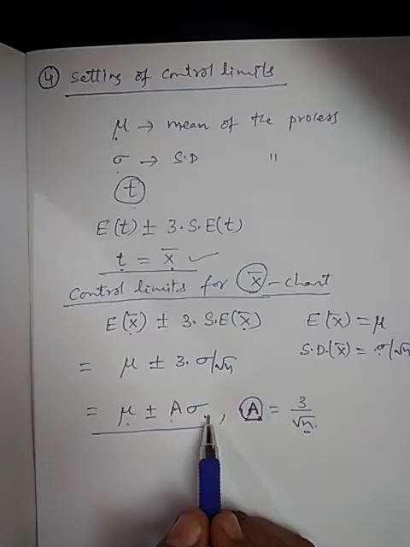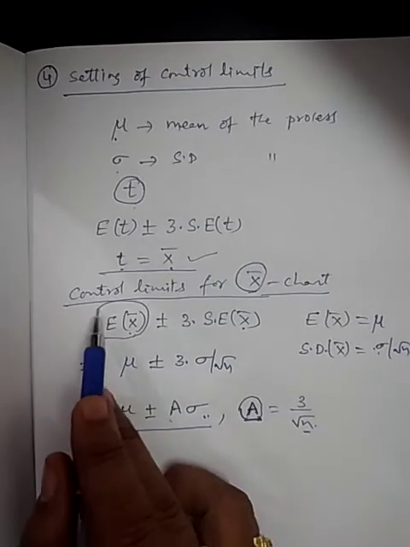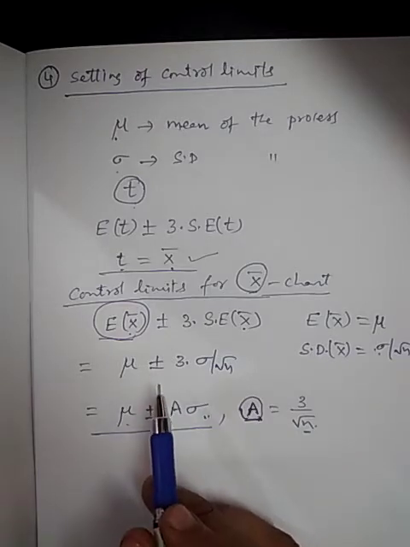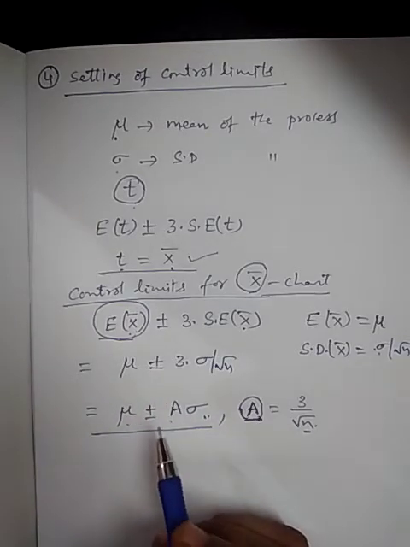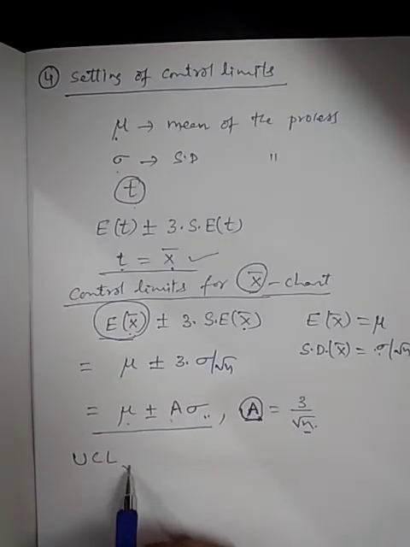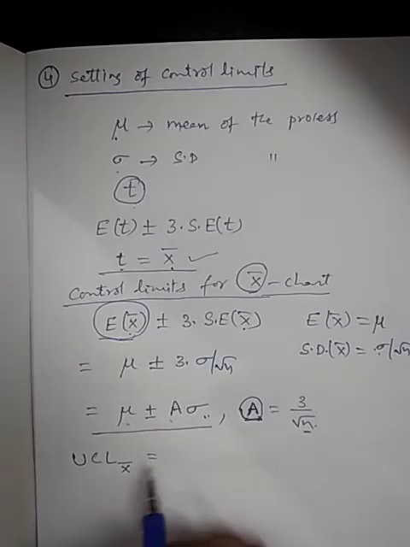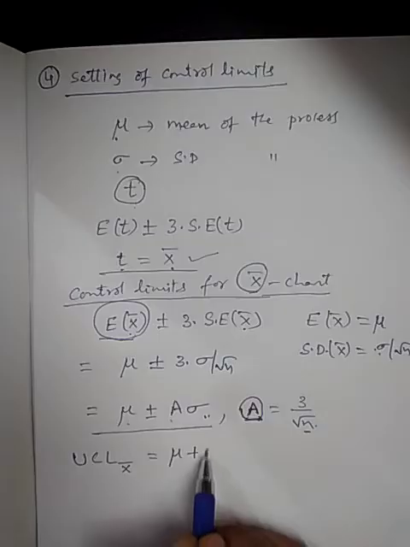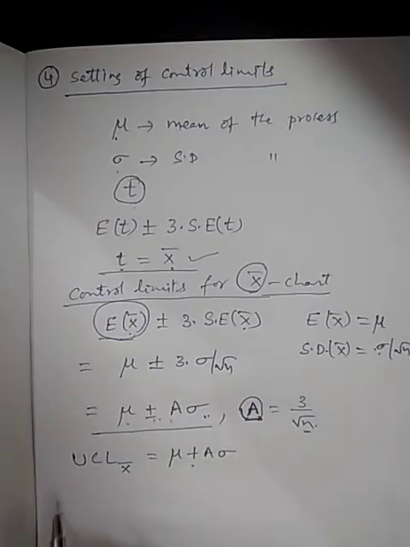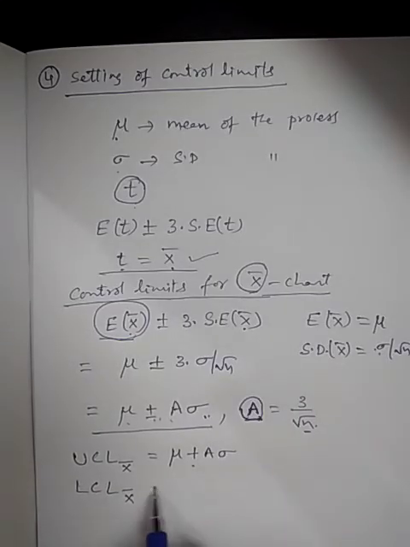CL is only the expectation of t, or expectation of X bar in this X bar chart context. So UCL of X bar is mu plus A sigma. It is very simple. You read with the plus sign, you will get UCL. Similarly, LCL of X bar is mu minus A sigma, with the minus sign.